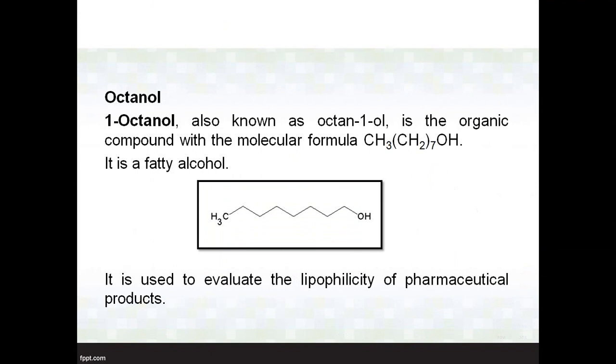Now let us see about the solvents. So first is octanol. 1-octanol, it is also known as octan-1-ol. It is an organic compound with the formula CH3(CH2)7OH. So from the formula you can see it is an alcohol and it contains a long alkyl side chain, so it is a fatty alcohol.